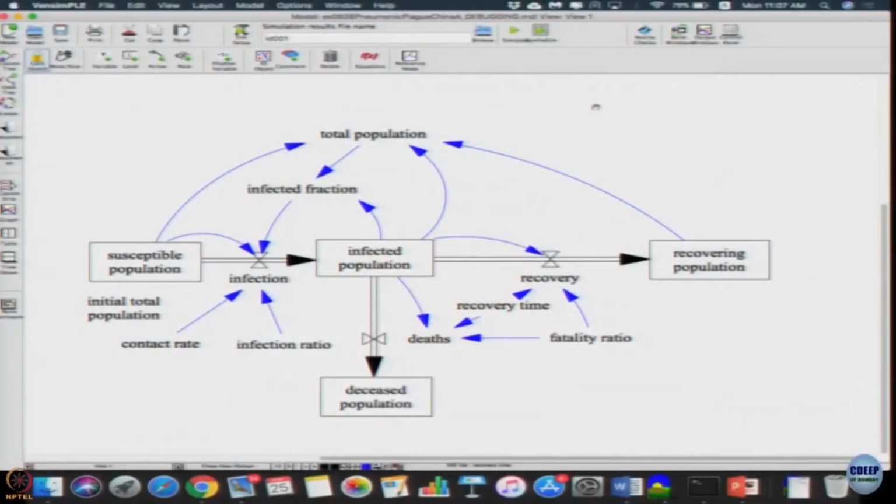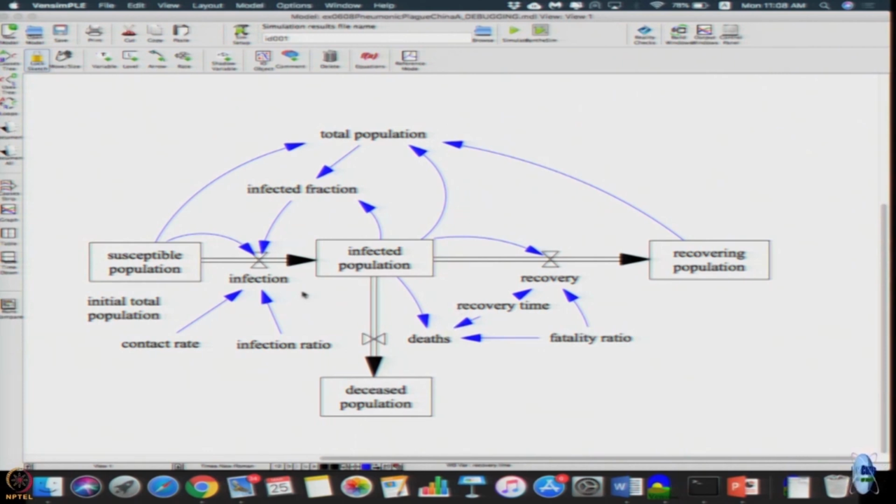Let us open it. One on disease population, so you can take it. Okay, so we have the susceptible population, infected population, recovering population, and disease population. Fine. The flow seems to make some logical sense. Infection moves them here, recovery moves them here, or here, either one of the places.